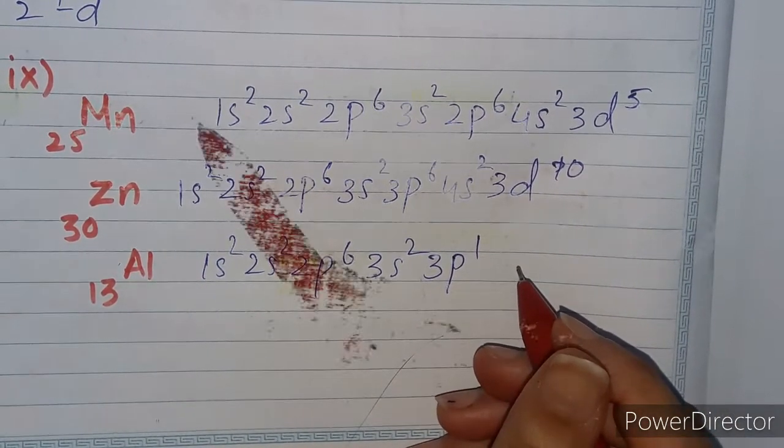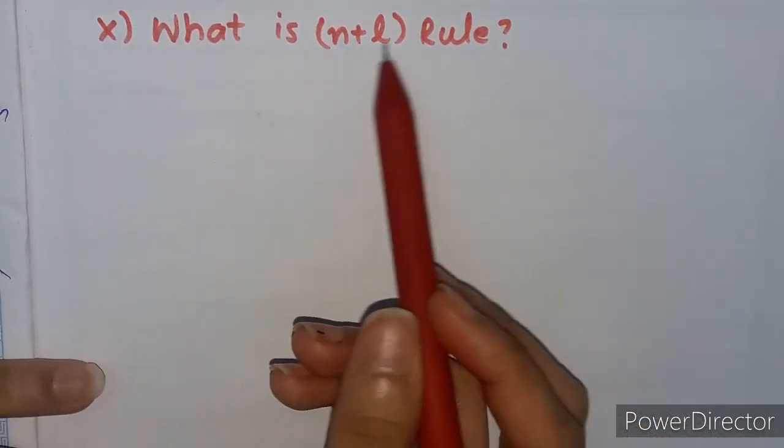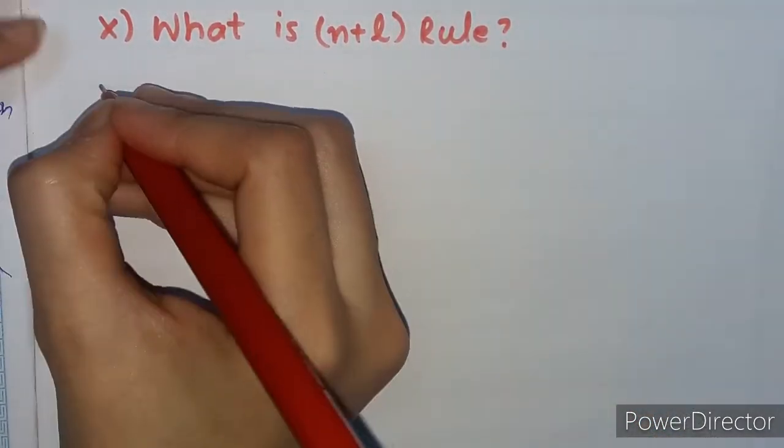Now moving towards part 10. Part number 10 is: what is the n plus l rule? So we have to write 2 points.